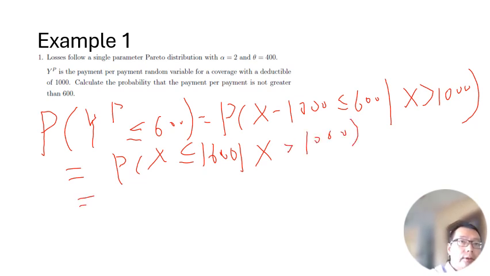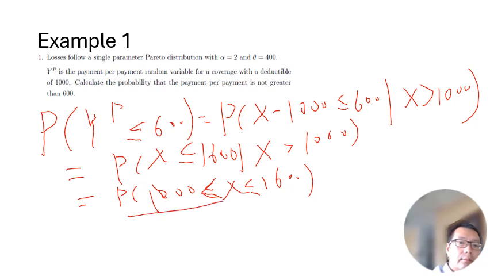This would further be the probability of X between 1000 and 1600, divided by P of X greater than 1000.